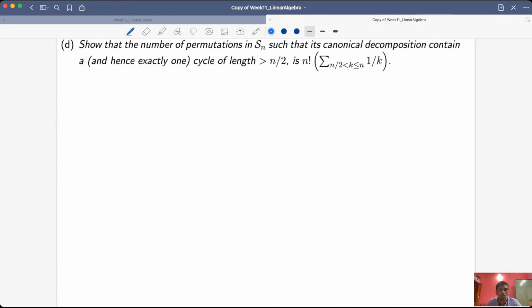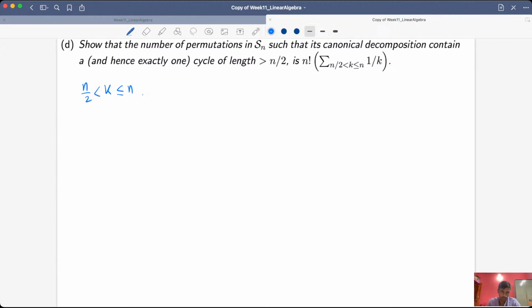Now the choice is: you can choose your k, which is greater than n by 2 but cannot be bigger than n. Then these k elements you have to choose from n elements, which will form a cycle in your permutation.